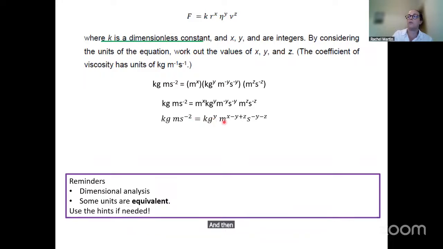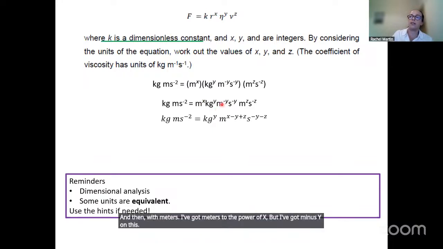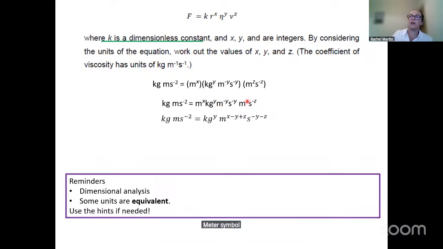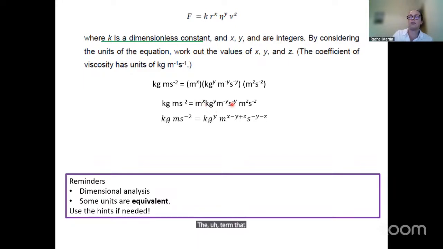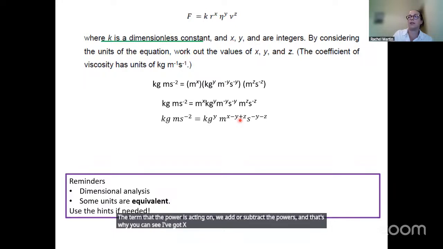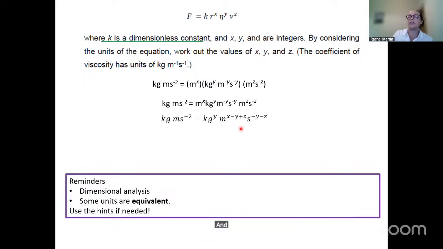And then with meters, I've got meters to the power of x, but I've got -y on this meters symbol and plus z on this meters symbol. So the rule for powers is that when we're multiplying the terms that the power is acting on, we add or subtract the powers. And that's why you can see I've got x minus y plus z. And seconds, we're using exactly that same rule.